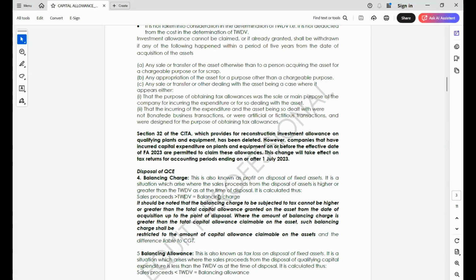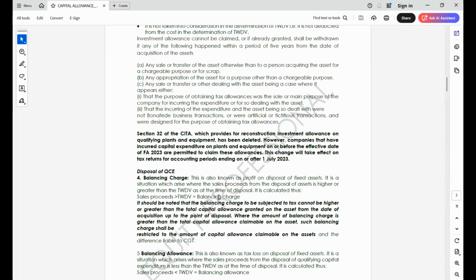There's also another tax we call CGT, capital gains tax, which applies when there is disposal of chargeable assets. So what it means is that the balancing charge you are going to consider as an additional income must not be more than the total capital allowance you have claimed. Why? Because the total capital allowance you have claimed shows the amount you have used for the purpose of business.